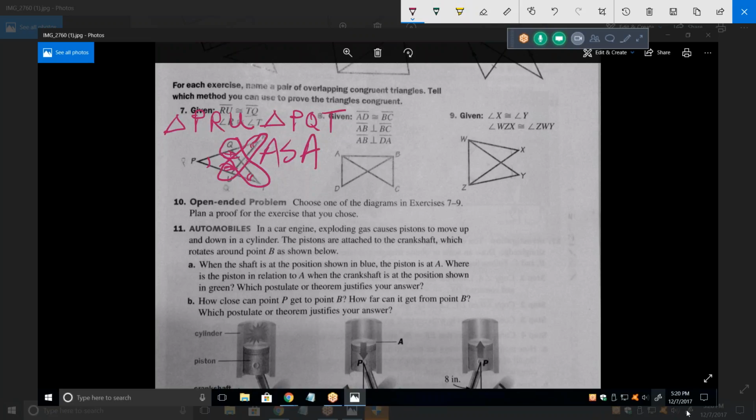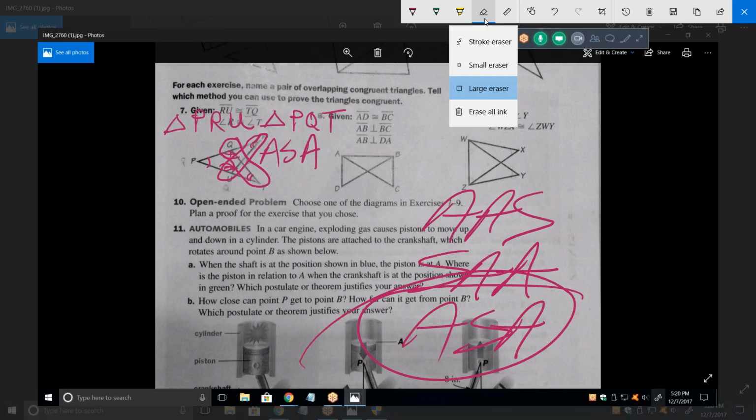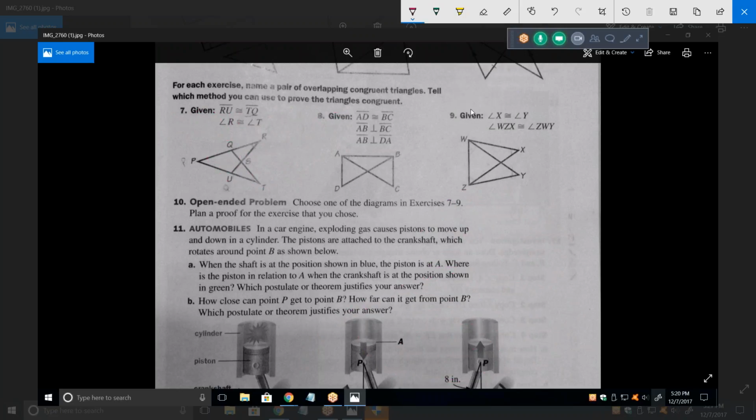And ASA always works. This doesn't always work, and this doesn't always work, but this does every time. If it's the side between the two angles, that works every time, because we figured out that all three angles had to be equal, and therefore this side is between that angle and that angle.